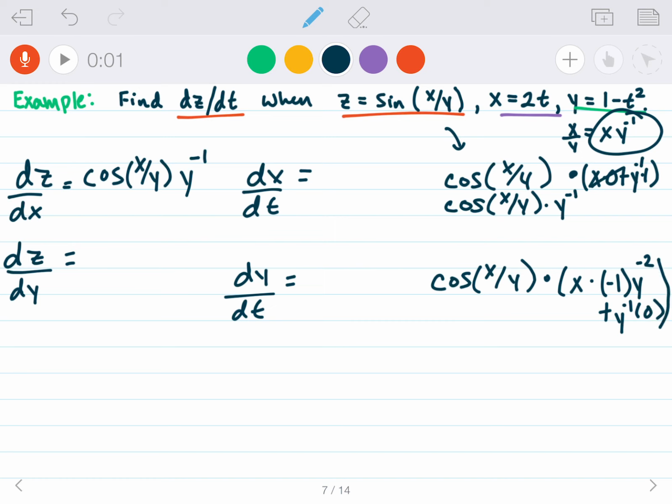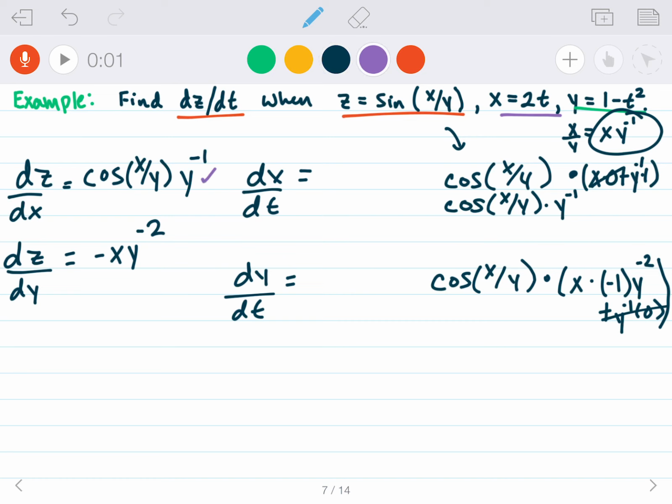Right, because we're doing this with respect to y, so all of my x's are constants. So this clears to 0, and I'm just left with negative x y to the negative 2. Okay? Alright, now the easy ones.